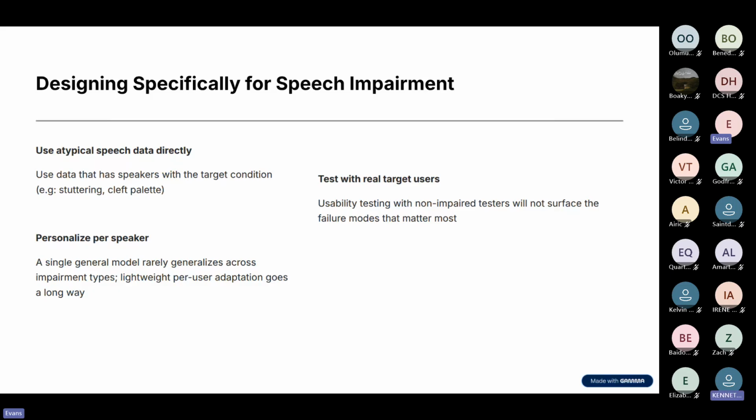My second question was around the personalized per speaker models. I wanted to understand what that means specifically.